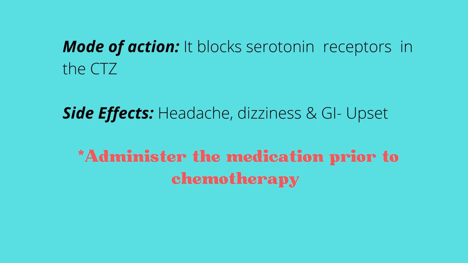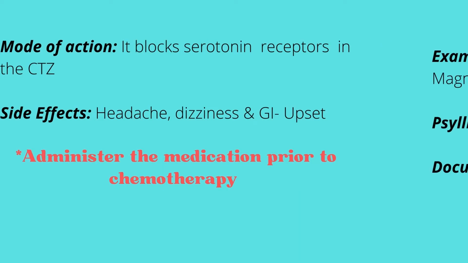Its mode of action is it blocks serotonin receptors in the CTZ, which is the chemoreceptor trigger zone. Side effects include headache, dizziness, as well as GI upset. We need to remember with this medication, we administer it to chemotherapy receiving patients prior to chemotherapy.